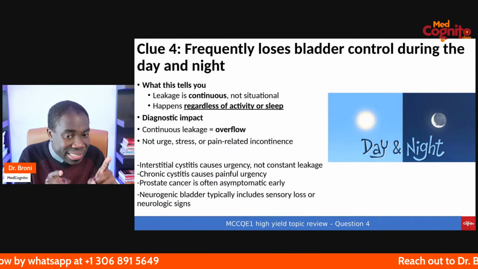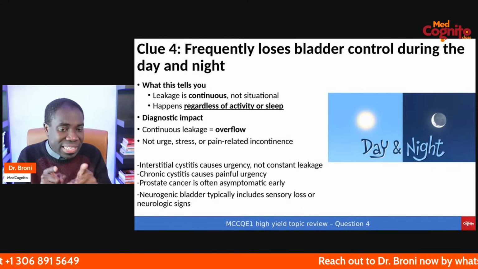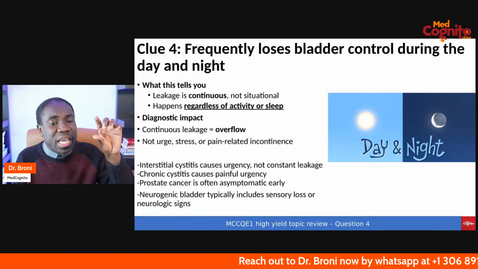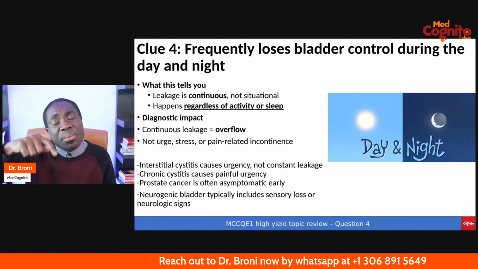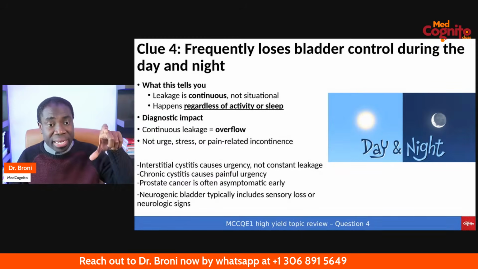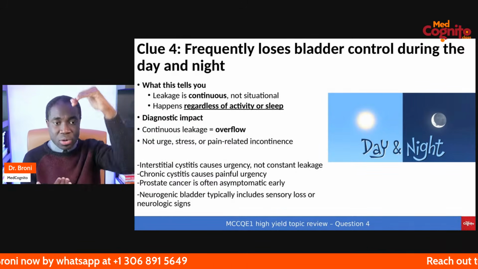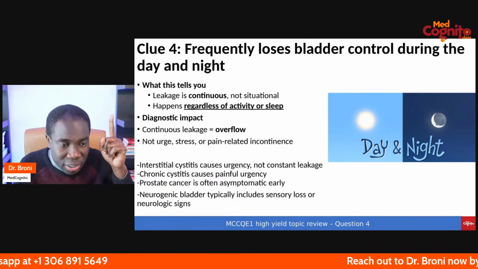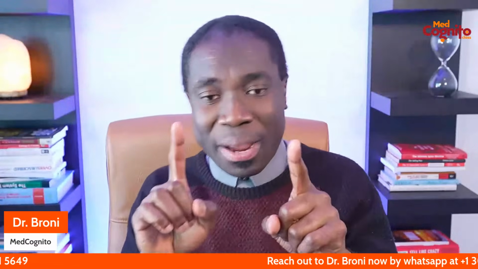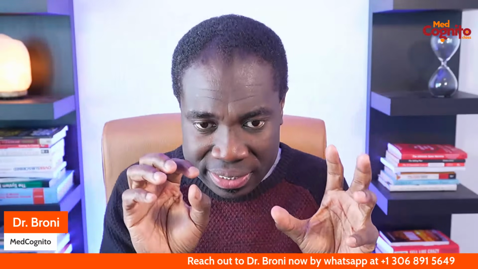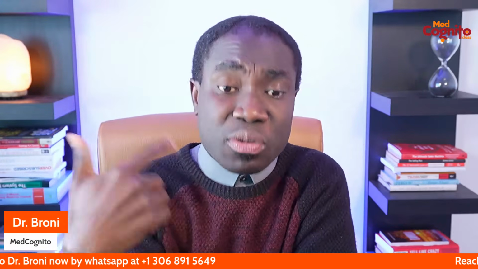Chronic cystitis, the difference with interstitial cystitis is that even after the patient has peed, there will be pain. In interstitial cystitis, after the patient pees, the pain goes down. Doctors, please, I want us to pick it up. So, overflow incontinence: this guy has to pee a lot of the time. He has urgency. Chronic cystitis, this guy has to pee all the time.